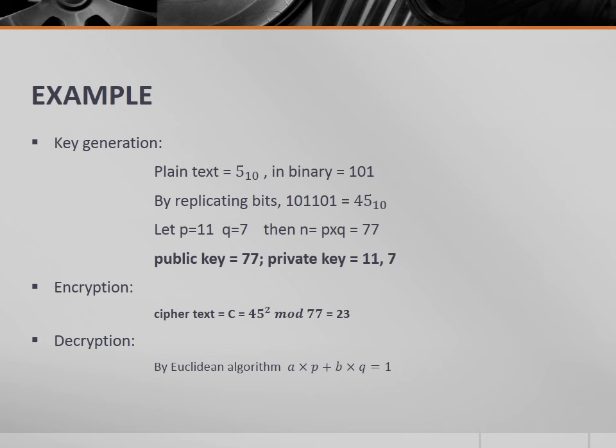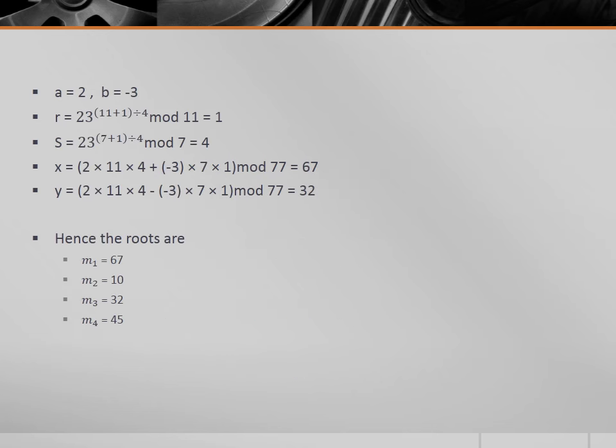Now for the decryption process, we start by A into P plus B into Q equal to 1 by Euclidean algorithm. We compute A and B. We get A is equal to 2 and B is equal to minus 3. Now we need to compute R, S, X and Y. R is equal to ciphertext to the power (P plus 1) divided by 4 modulo P, equal to 1.